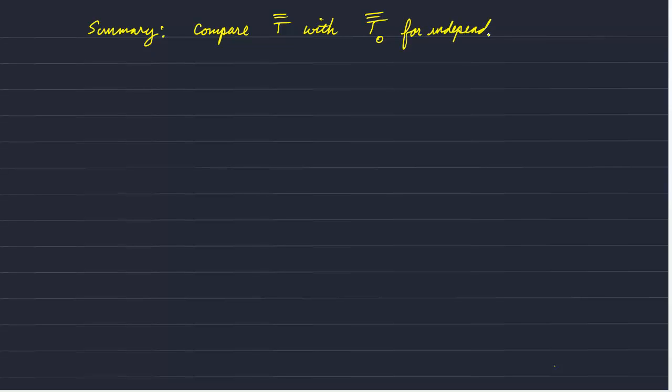So perhaps to summarize what we're going to do, the overall strategy is to compare our observed transition frequency matrix with the transition frequency matrix big T sub 0 for completely independent lithologies.